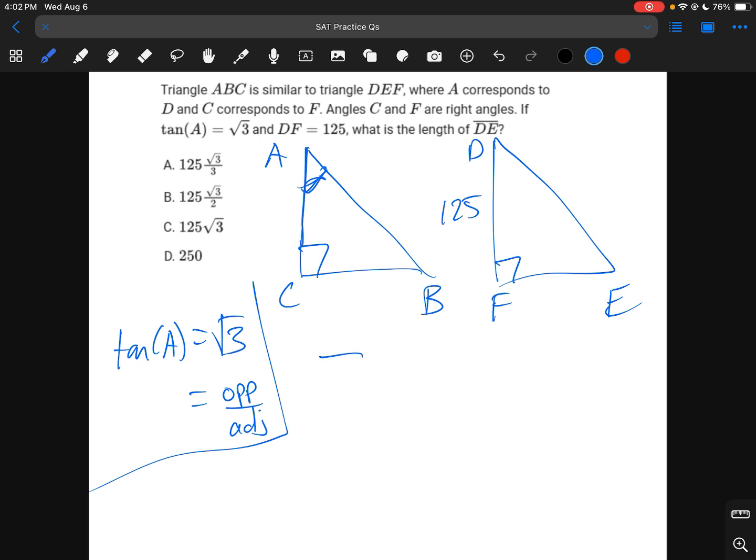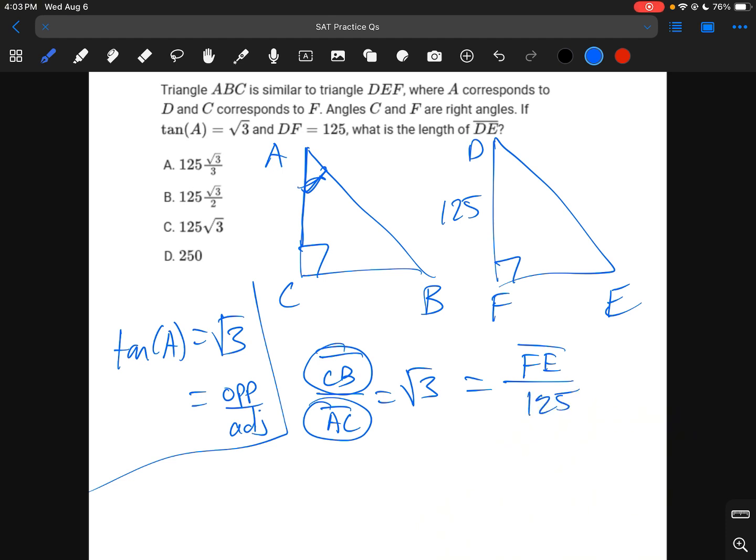So that means the length CB over the length AC is equal to the square root of 3. And we just said that there's a relationship between the ratio of sides. So that means the square root of 3 is equal to the corresponding section CB, which is FE, over the corresponding section of AC, which is DF, which we're told is 125.